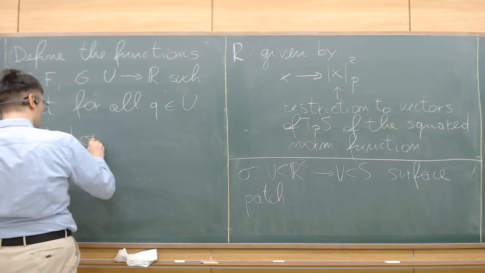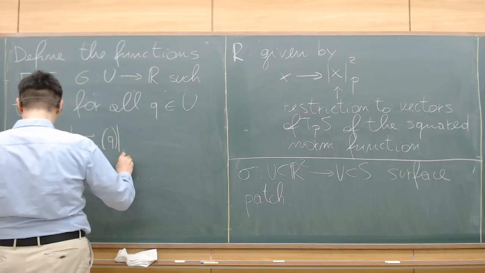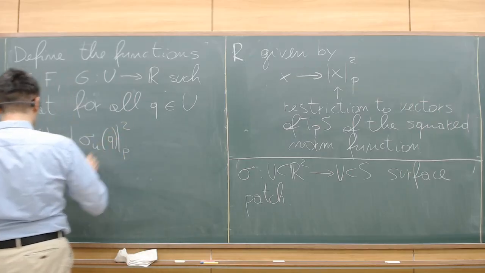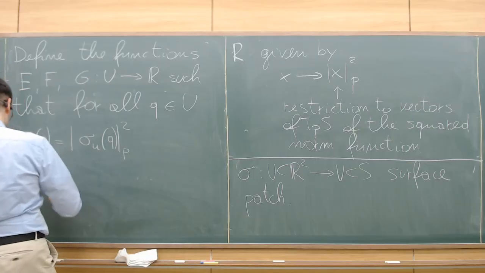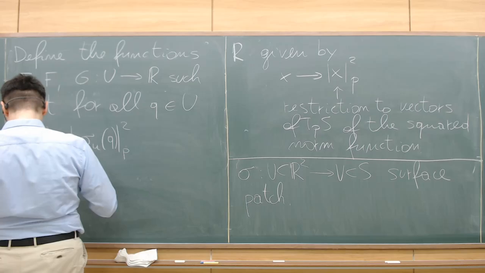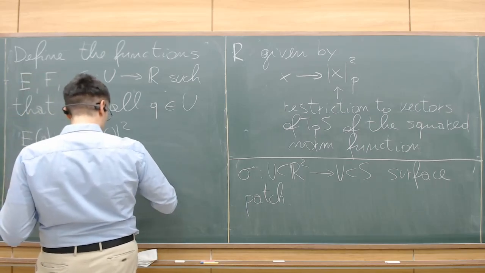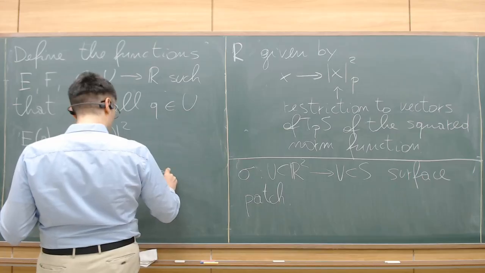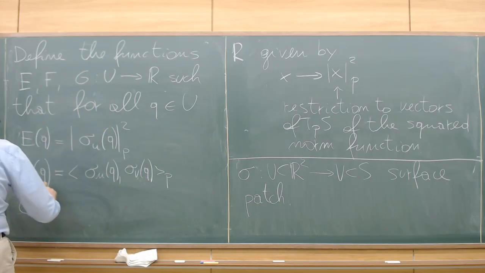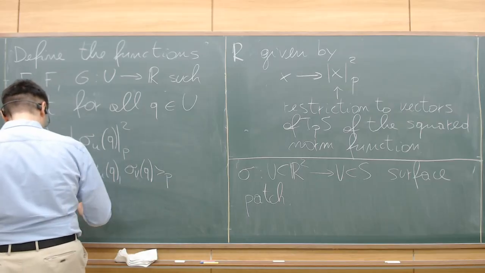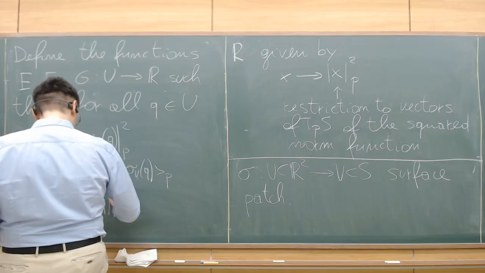the square norm of sigma UQ, F of Q is the inner product of sigma UQ, sigma VQ, and G of Q is the square norm of sigma VQ.